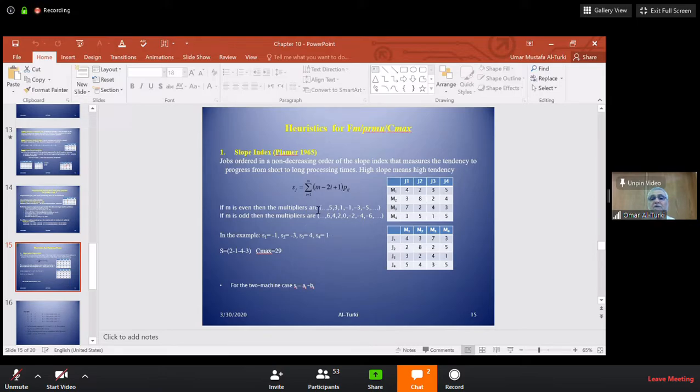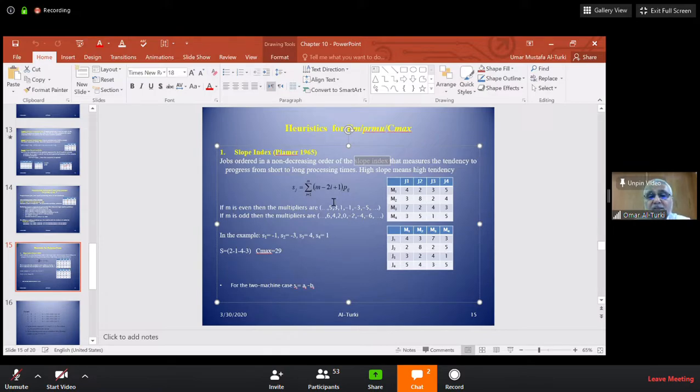Once you calculate the slope index for each job, you put them in non-decreasing order of the slope index, meaning in increasing order.